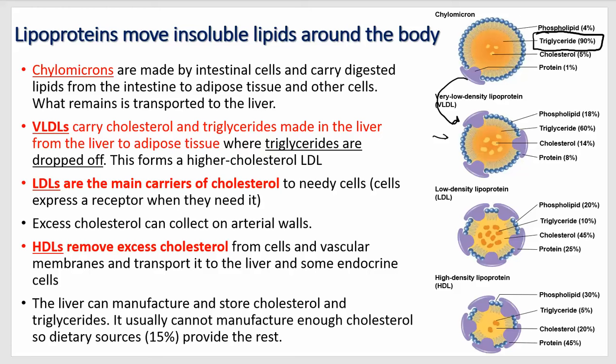Okay, so this is the goal of the VLDLs: taking these extra fats, these extra nutrients, putting them into this lipoprotein and moving them to other parts of the body. So it moves them to adipose tissue where triglycerides are dropped off, and then that will form a higher cholesterol, low density lipoprotein.